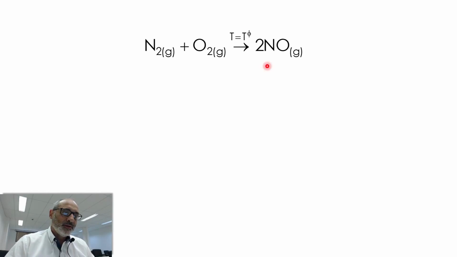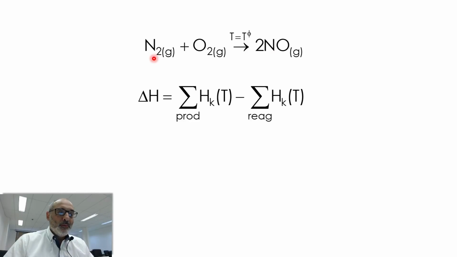So let's consider this reaction, N2 plus O2 in gaseous phase, at a given temperature T, giving two molecules of NO. When we apply the first law of thermodynamics, let me write it down here.